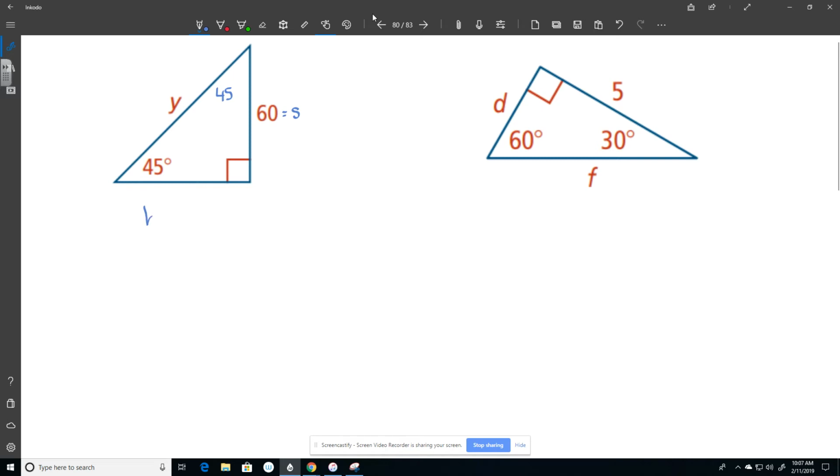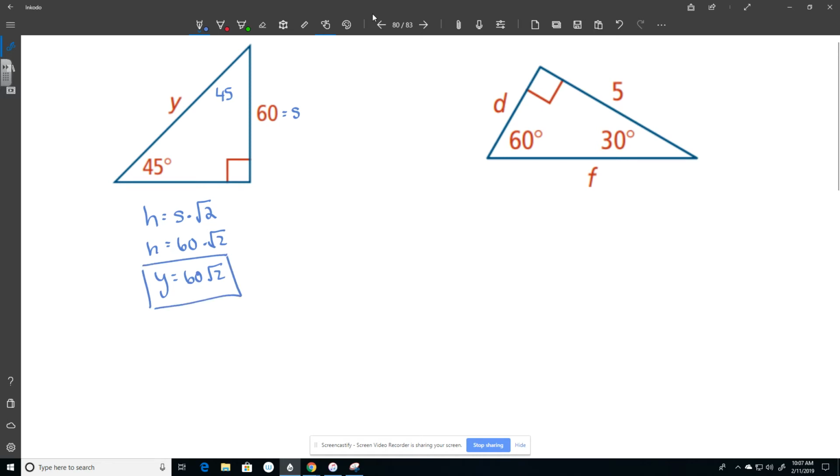And I know that my hypotenuse equals my short side multiplied by the square root of 2. And that's what I'm looking for, my hypotenuse. So I just plug in the values that I know. I know that my short side is 60, so 60 times the square root of 2. And again, this is simplified, so my y equals 60 square root 2. I can't simplify this any further, so that would be my answer.